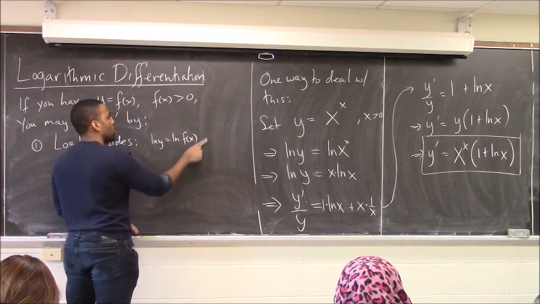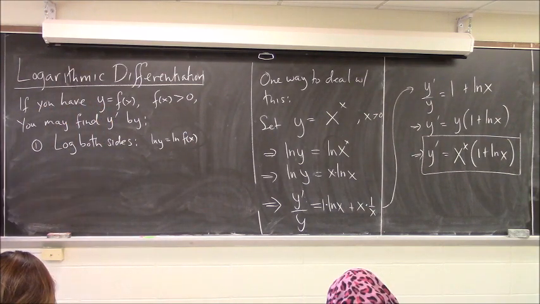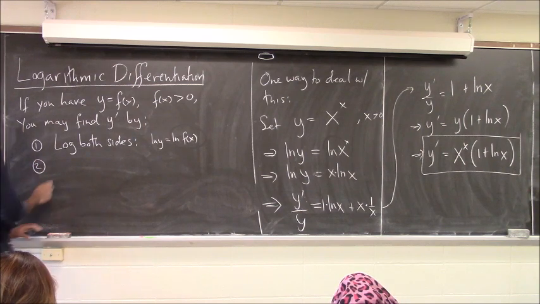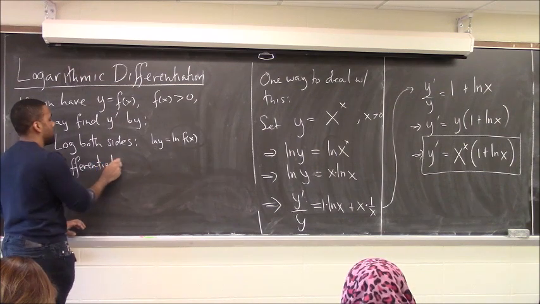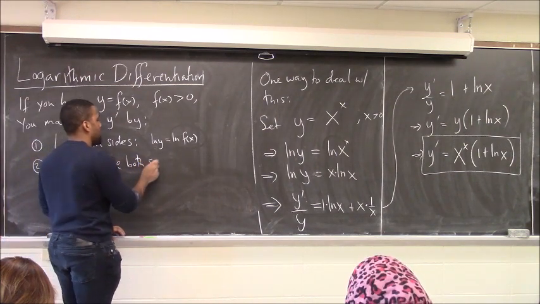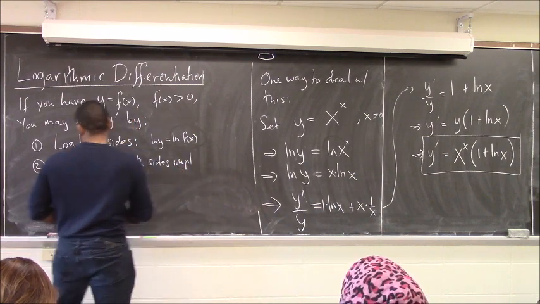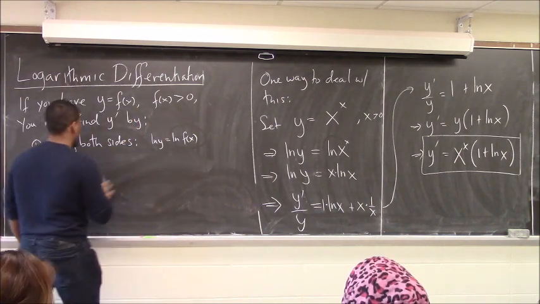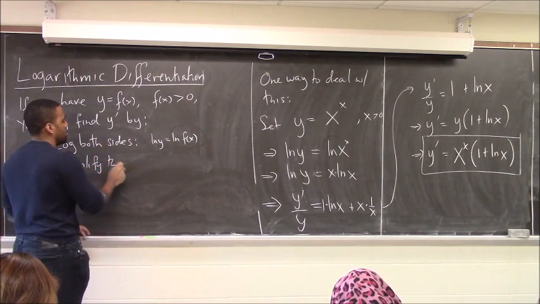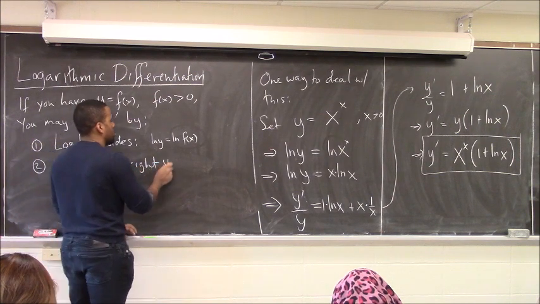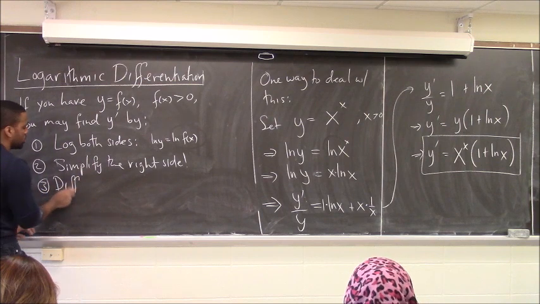The idea being we would be able to simplify that right side to get something easier to deal with. 2. Simplify the right side. 3. Differentiate both sides implicitly.